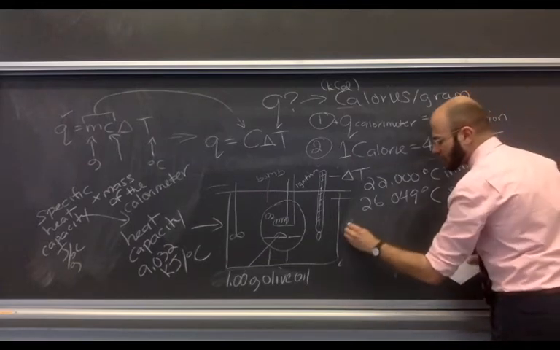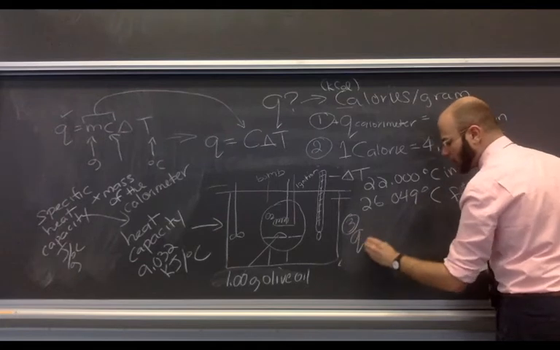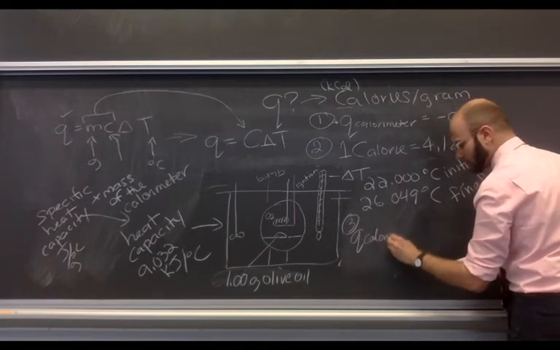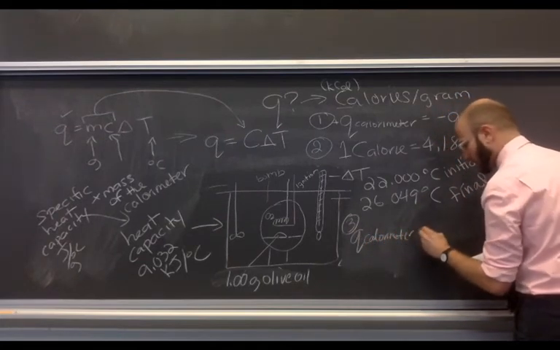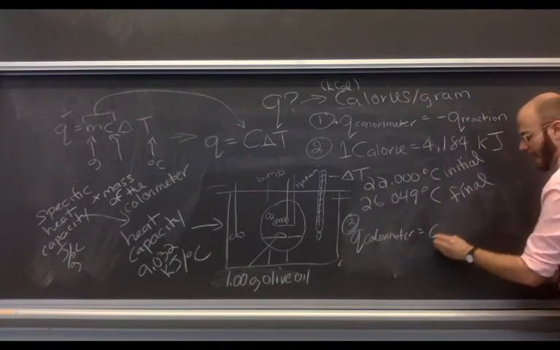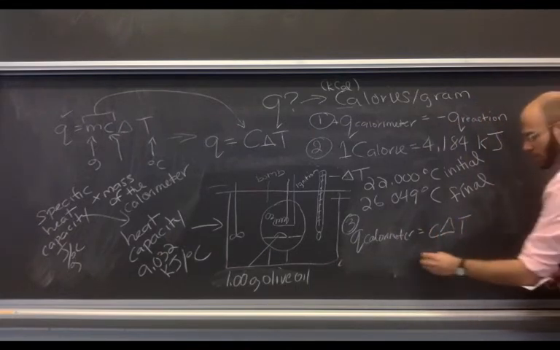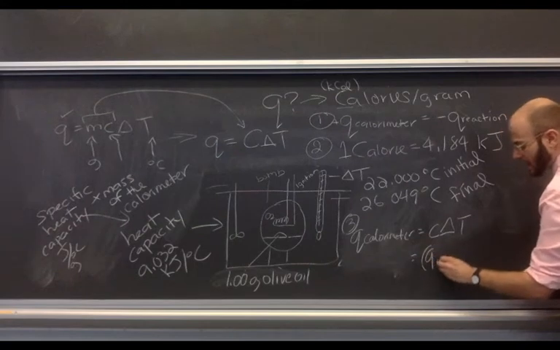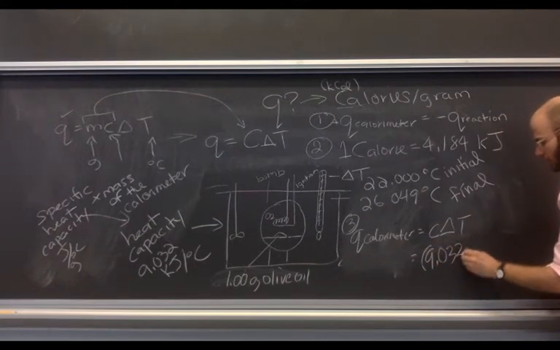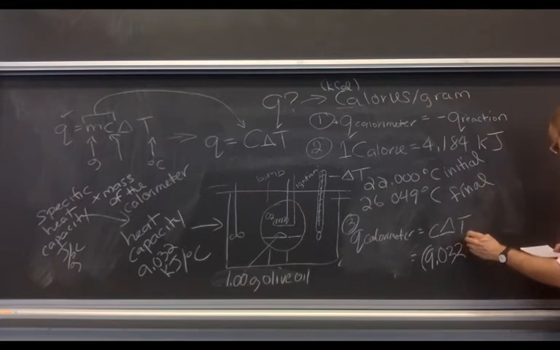So the good news is that our calculation isn't so bad. In this case, the third step is going to be that the Q for the calorimeter is going to be equal to just capital C delta T. So in this case, we're going to take our 9.032 kilojoules per degree C. Did I convert it? Not yet. We're going to get there.